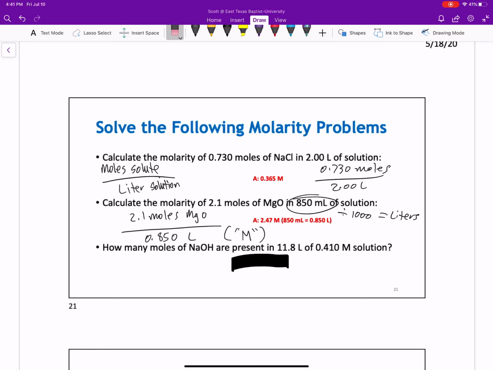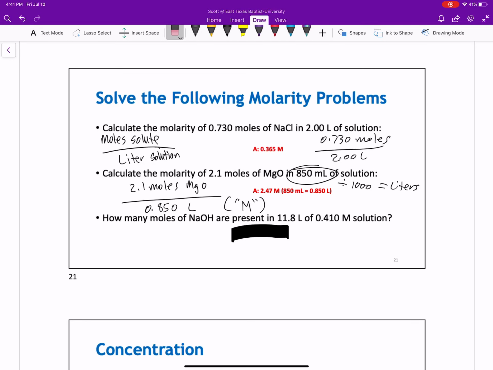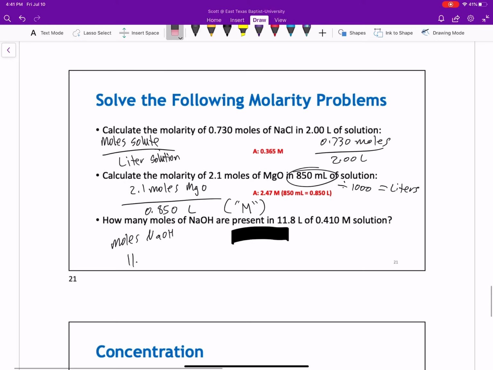How many moles of NaOH are present in 11.8 liters of a 0.410 molar solution? And so we know it's going to be moles of NaOH over 11.8 liters equals 0.410 molar.